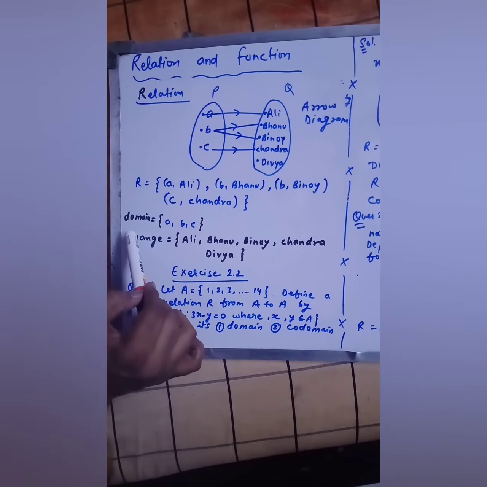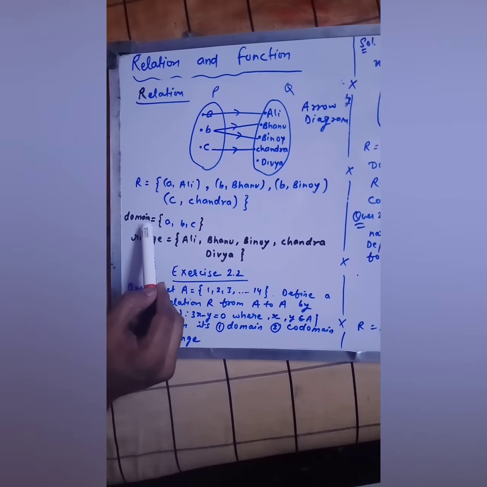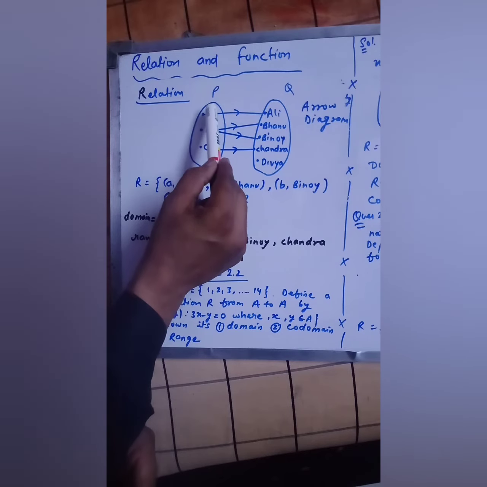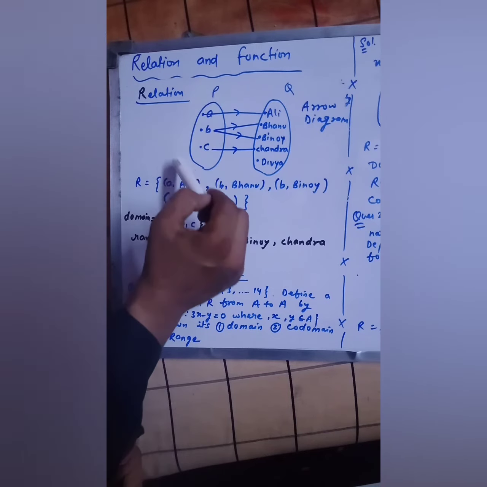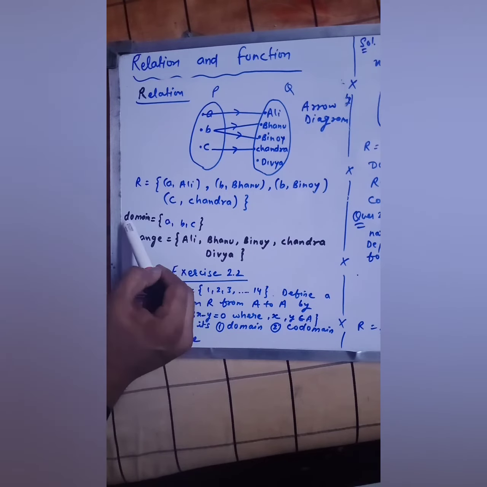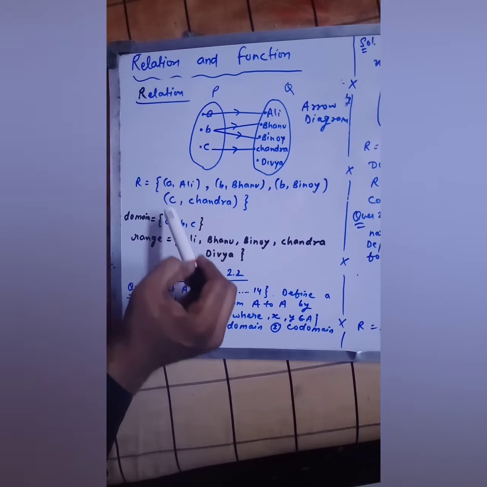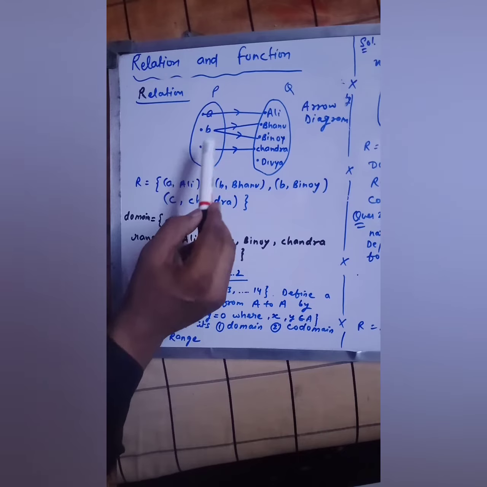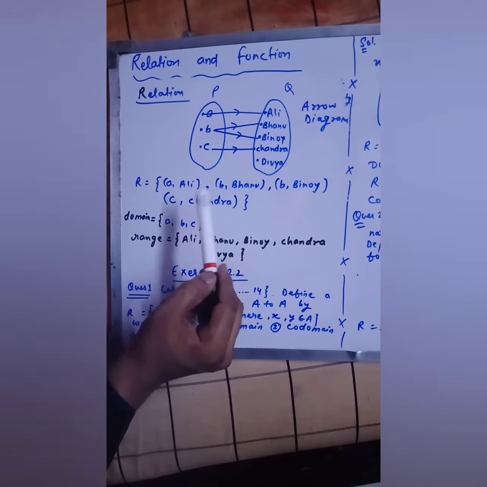And if we want to find out the domain, the domain will always be the elements of your first set, that is P: A, B, C. You have to see the relation first to find the domain and range.